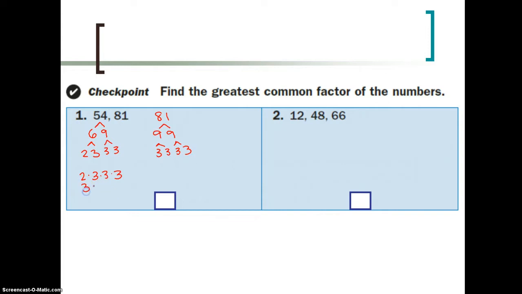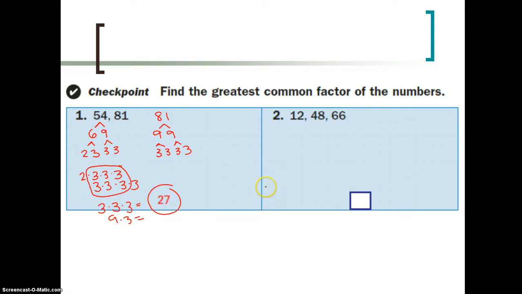So you have 3, and actually you could list them in the same column so you can kind of see what's in common. You can see these 3's right here are in the same row. So 3 times 3 times 3 equals 27, because 9 times 3 is 27. That's the greatest common factor.